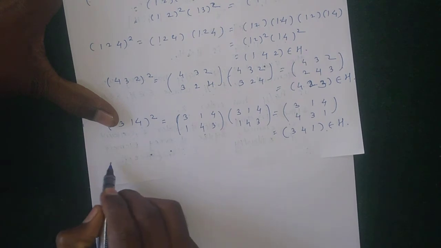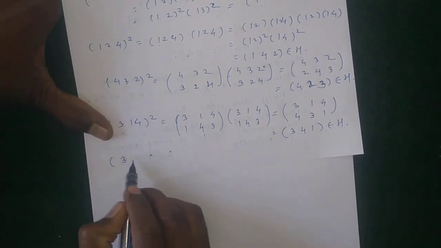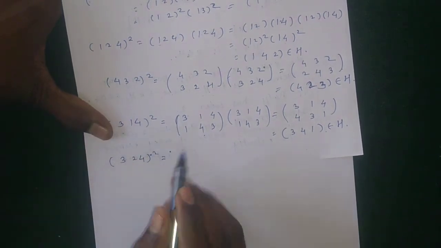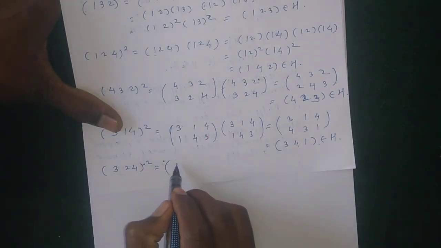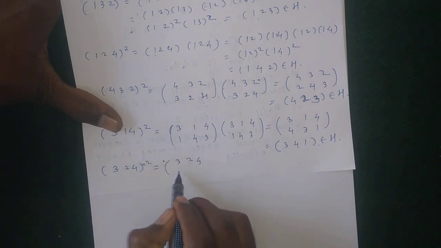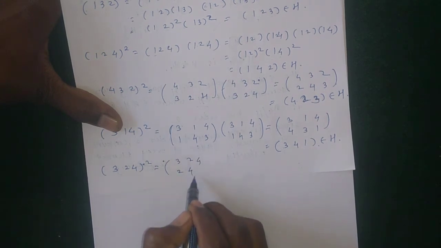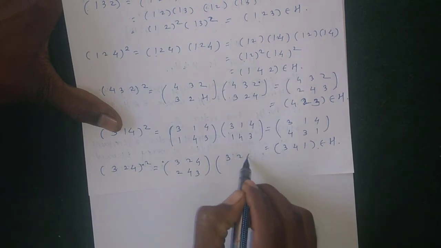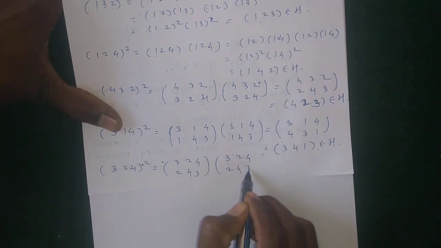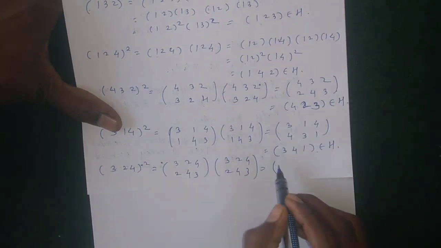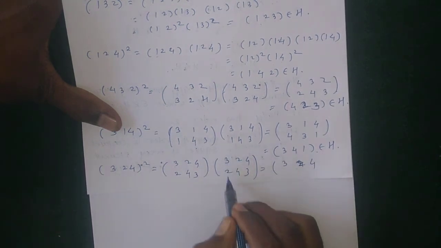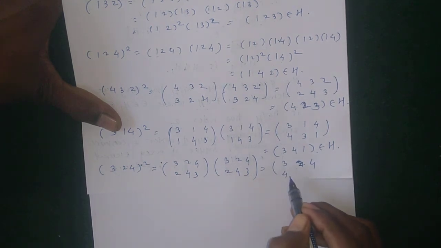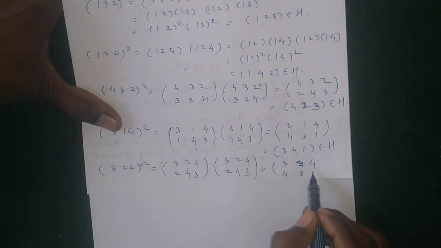Okay, then next element, suppose that 324. Okay, this is chosen from A4, then their multiplication 324, 243 into 324, their value is 243, then their multiplication is 324, 3 has value 2, 2 has value 4, 4 has value 3, then 2.